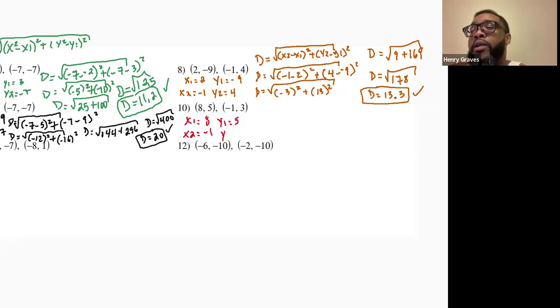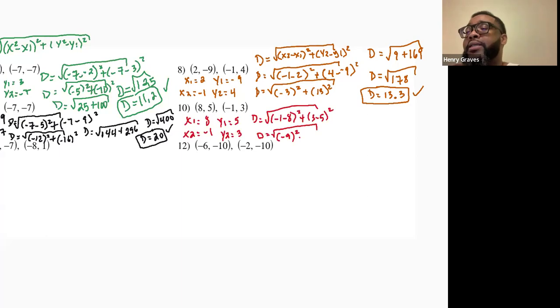So I use my formula. D is going to equal the square root of -1 minus 8 squared plus 3 minus 5 squared. So my distance is going to be the square root of -9 squared plus -2 squared.